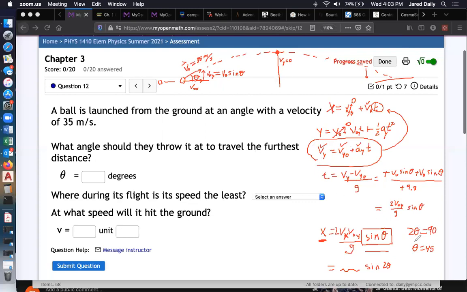Because I seem to remember when I've done this before, I ended up with a time squared, which gave me a sine squared, which meant that I had to use some kind of identity formula to turn a sine squared into a sine 2 theta. And then that became this. But of course, that violates my rule of not using trigonometric identities that I promised you we wouldn't use.